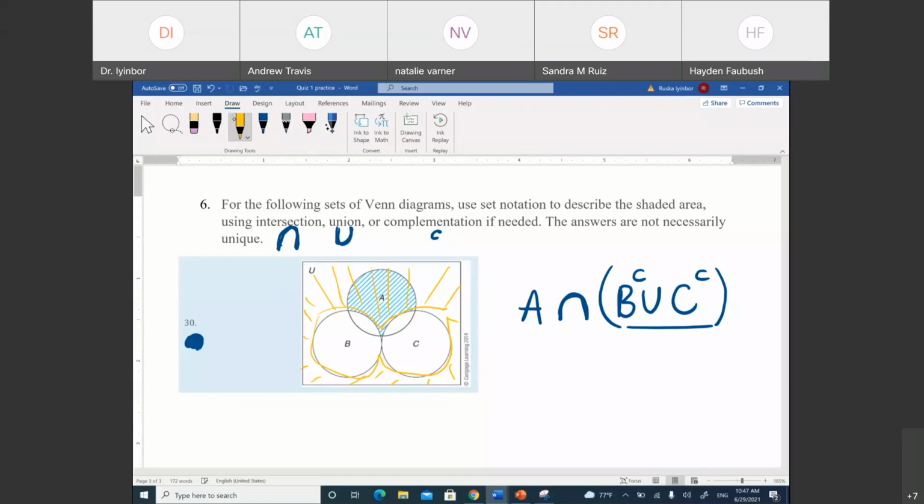It's outside of B and outside of C, right? Everything out. So whatever is in common with A is going to be exactly the shaded area here. And that's one of the options. This is one of the answers. You can use this one.